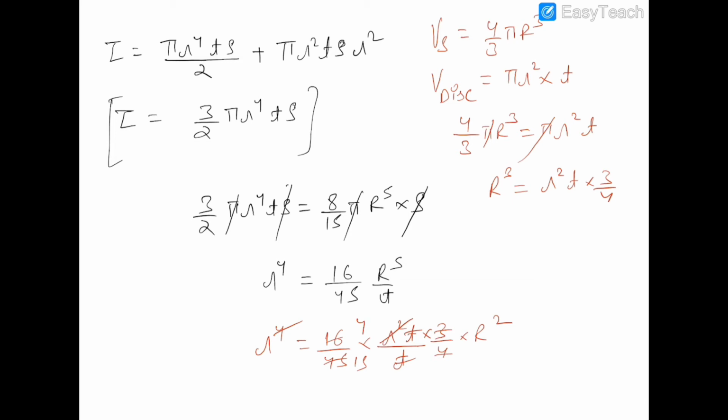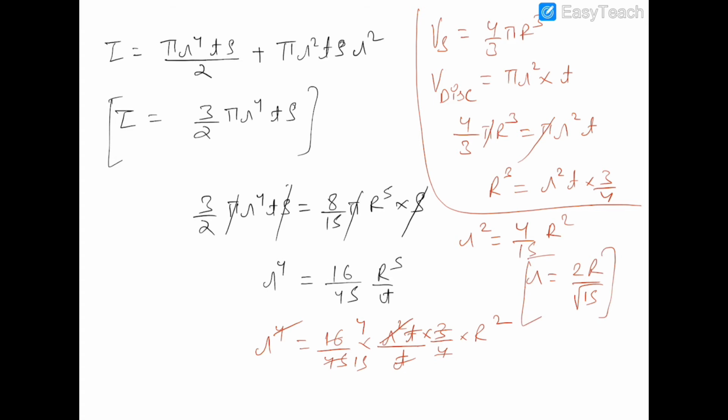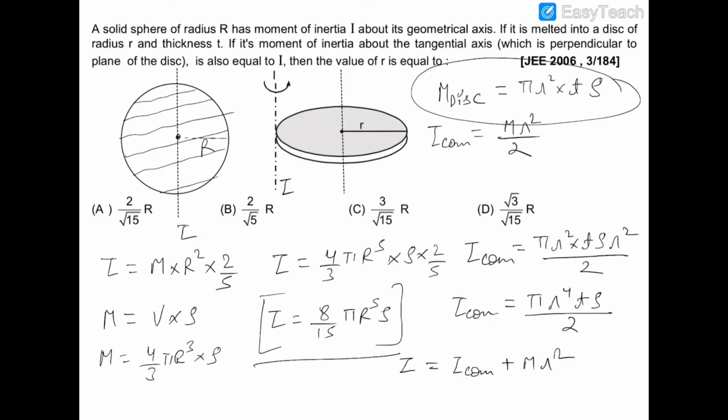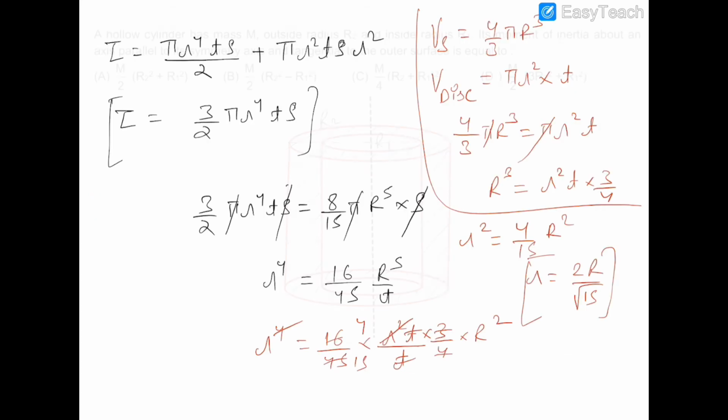So r square would be equal to 4 upon 15 into R square. So r is equal to 2R by root 15. So the correct answer would be option number A. Now let's move on to the next question.